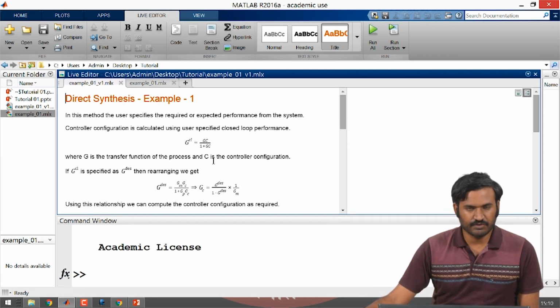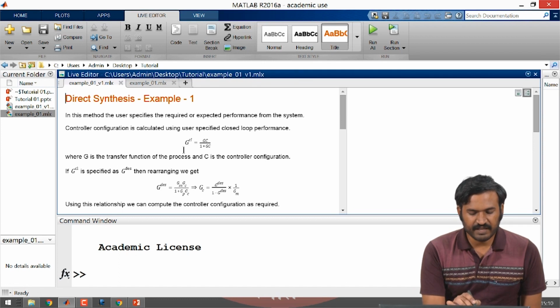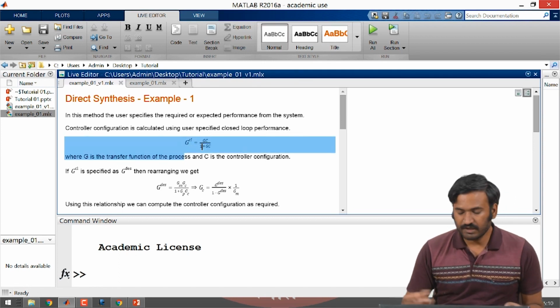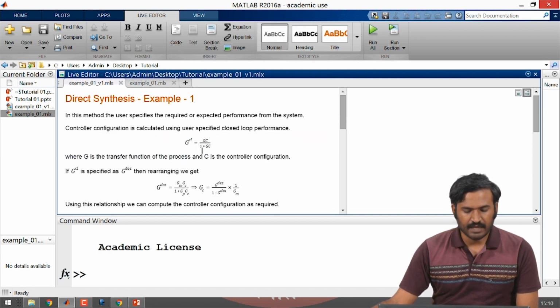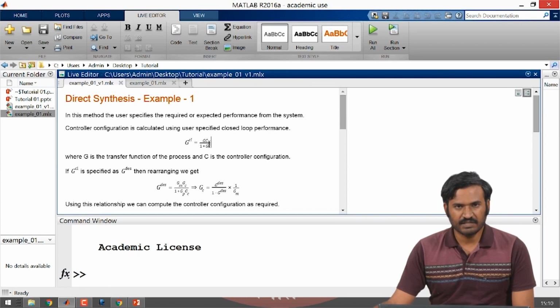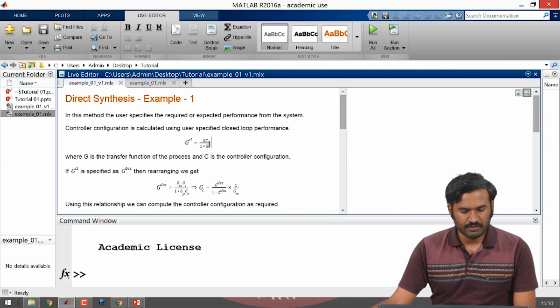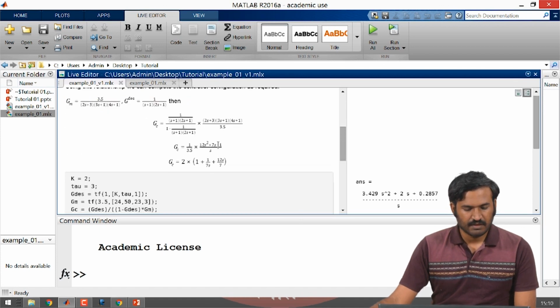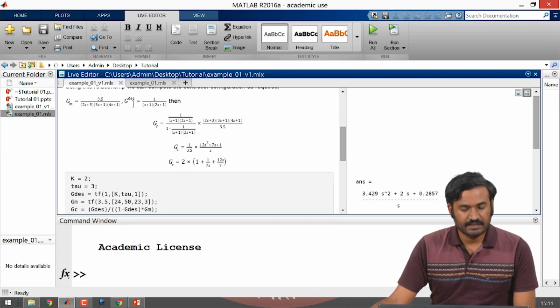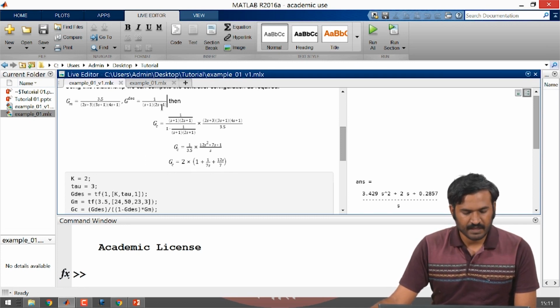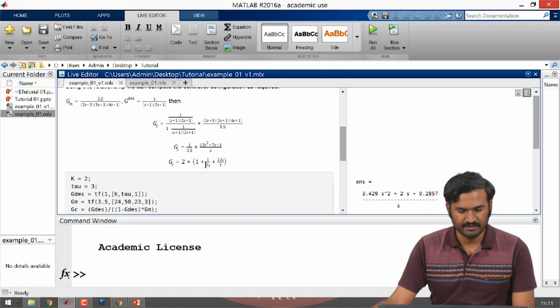As I have already told you, we specify the required closed loop transfer function GCL as G desired, and we back calculate the controller transfer function C. In this example, I have taken GM to be 3.5 by (2s plus 3) into (3s plus 1) plus 4 into (4s plus 1), and the G desired is mentioned as here. Based on this, the controller transfer function GC can be calculated like this.